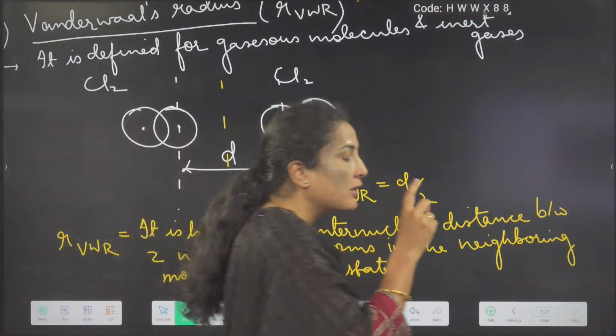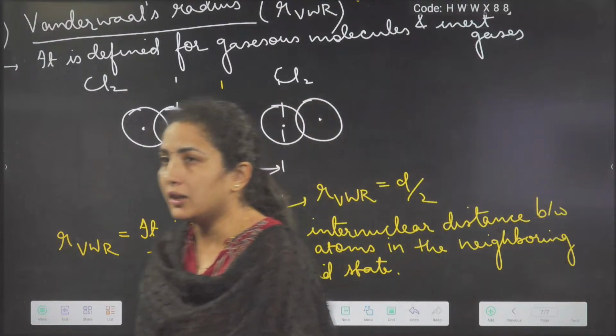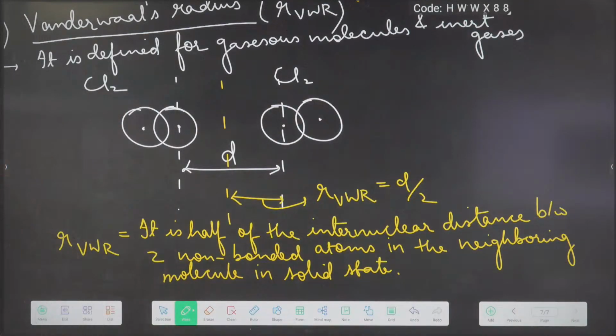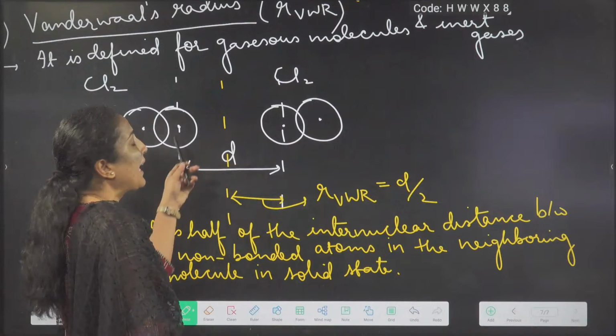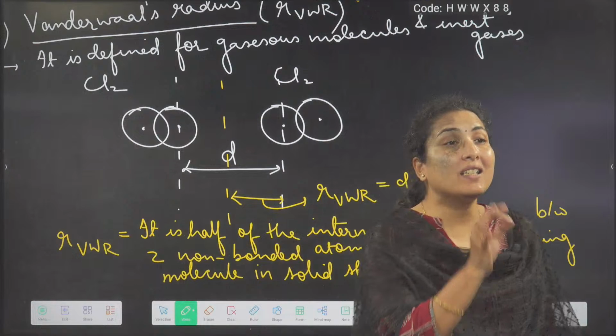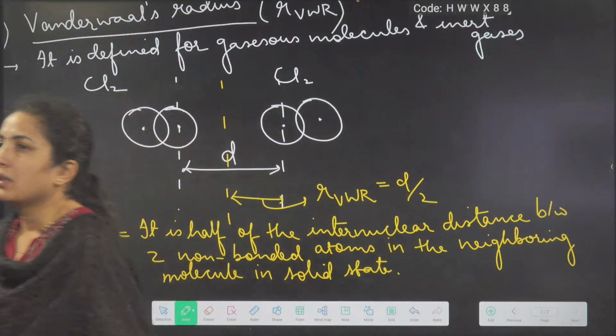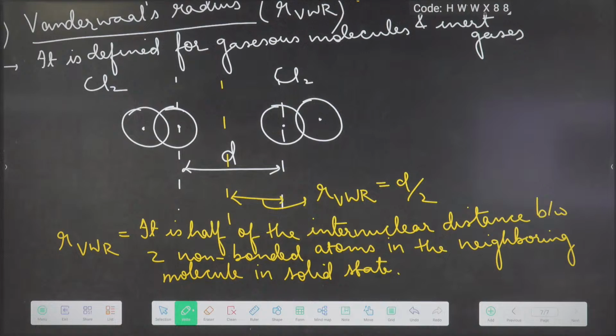In fact, there is one definition of van der Waals radius which is given in your chemical bonding NCERT, that it is the distance between two similar atoms in separate molecules in solid state. That's what is van der Waals radius. Are you able to understand that? Let us go further then in that case.